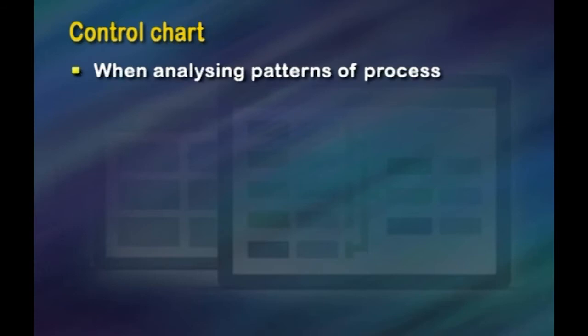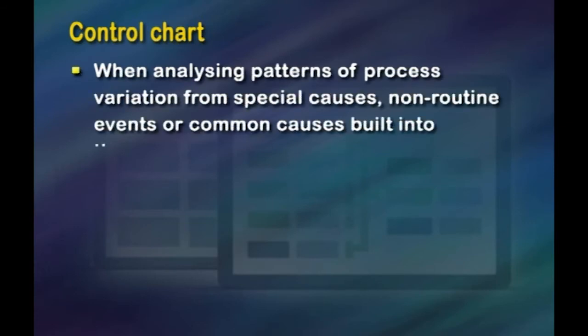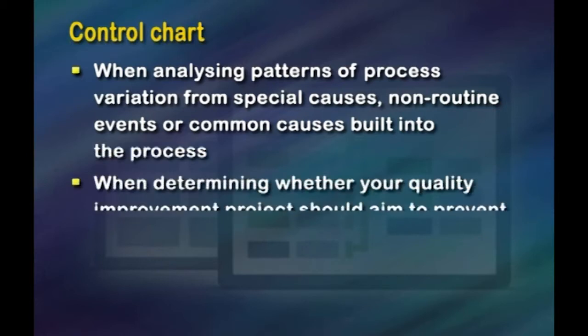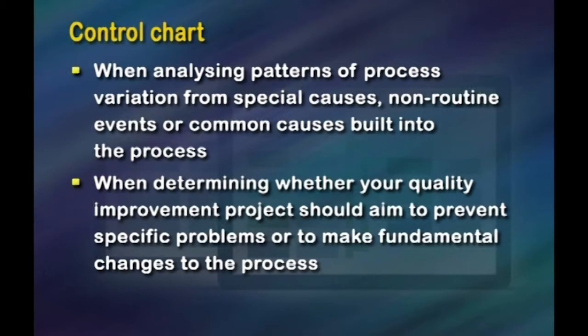When analyzing patterns of process variation from special causes, non-routine events, or common causes, that is built into the process. When determining whether your quality improvement project should aim to prevent specific problems or to make fundamental changes to the process.